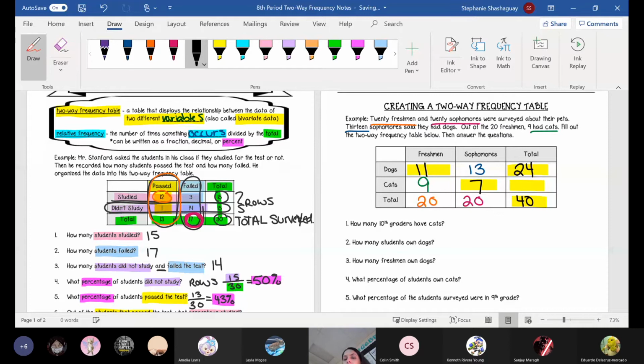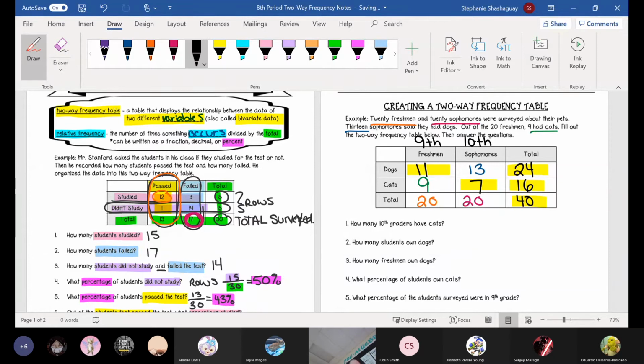And how many total students like cats? 16. Do 24 plus 16 still add up to 40? Yes. So we're good. So freshmen, I noticed that a lot of students need reminders. Freshmen are 9th grade, sophomores are 10th grade.